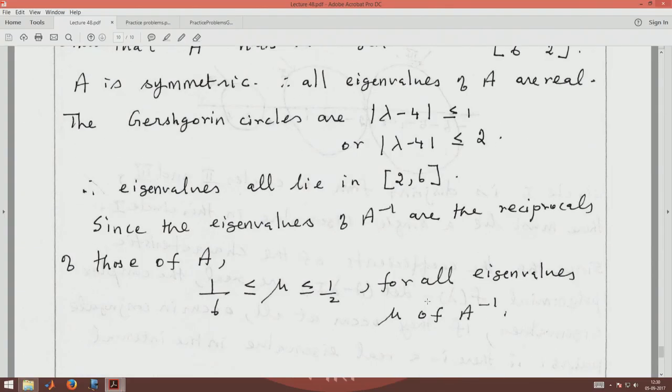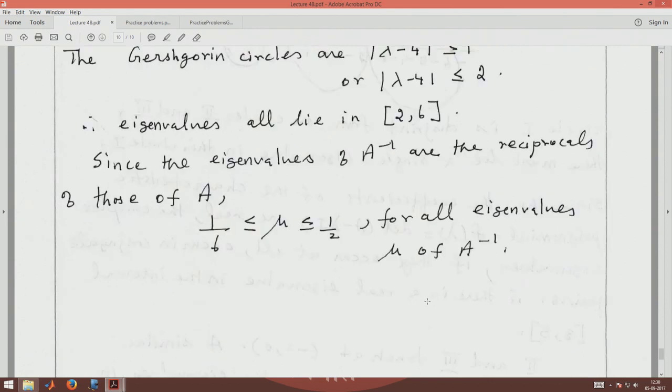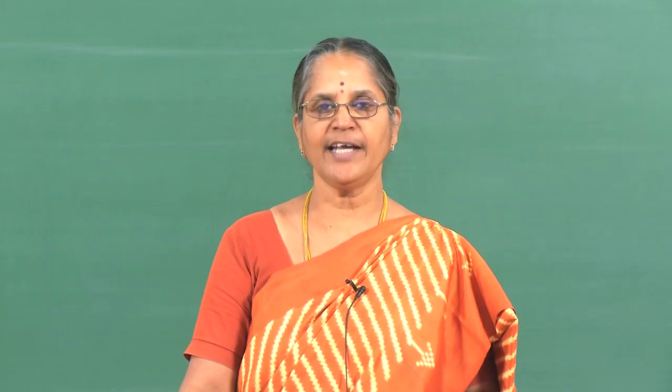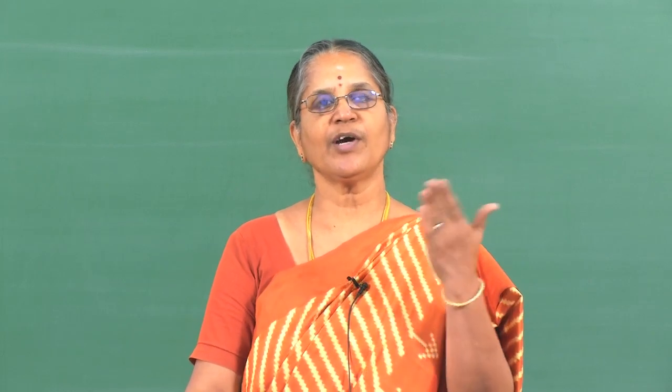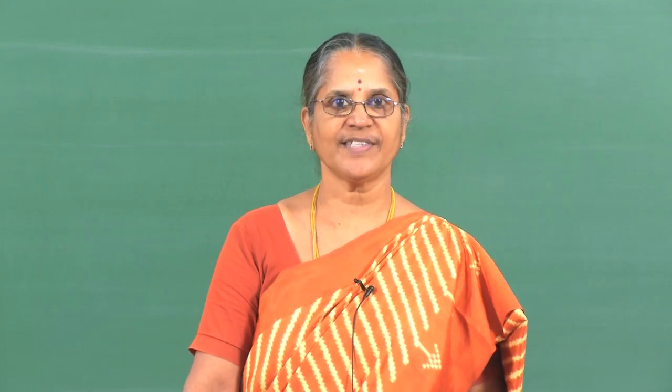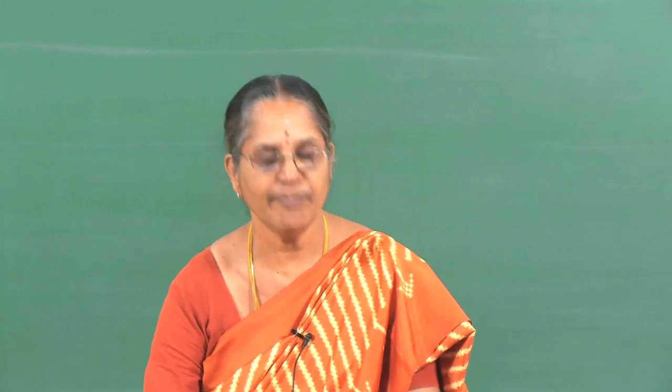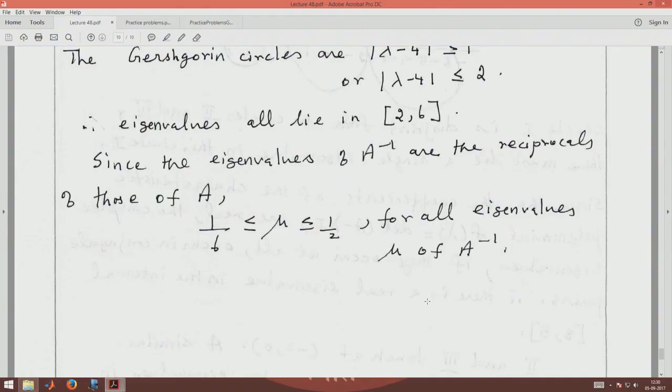So, now we make use of the result that we have shown. What is it? Eigenvalues of A inverse are reciprocals of eigenvalues of A. So, A has eigenvalues lying in the interval 2 to 6, and therefore, if mu denotes the eigenvalues of A inverse, then mu has to lie between the reciprocal of 2 and reciprocal of 6, namely mu has to lie between 1 by 6 and 1 by 2.